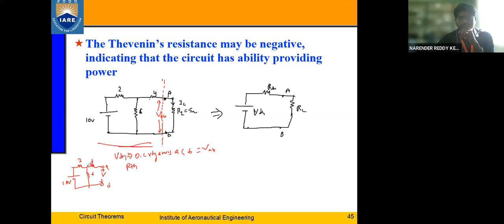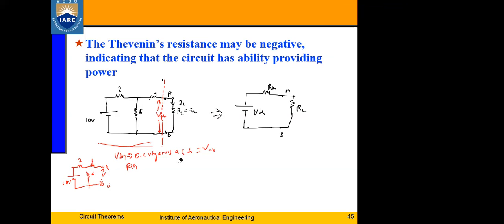We have to consider RTH, no doubt, but we are not going up to RTH. We are finding VTH now. How can you find it? First, we have to remove the potential drop due to the 2 ohms resistor. Then we'll get the voltage across that. Then we have to subtract the potential drop across the 4 ohms resistor.